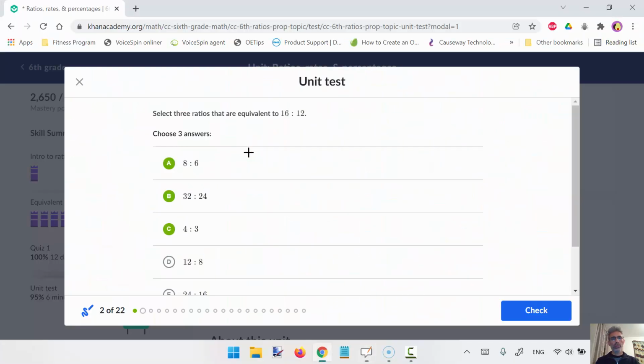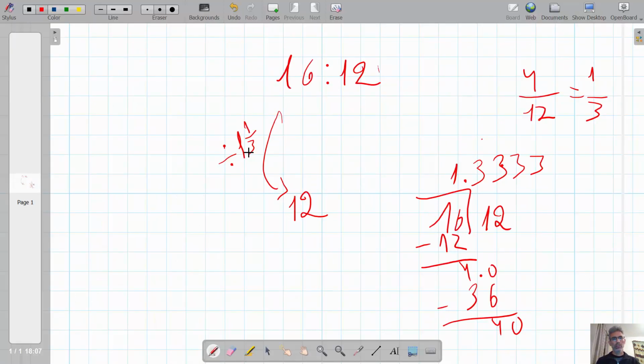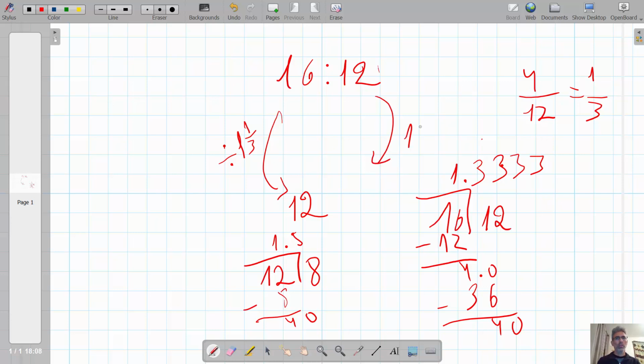And to go from 12 to 8, 12 divided by 8 is one and a half. Okay. We need to divide 12 by 1 and a half to go to 8.